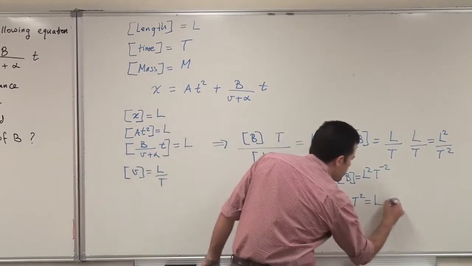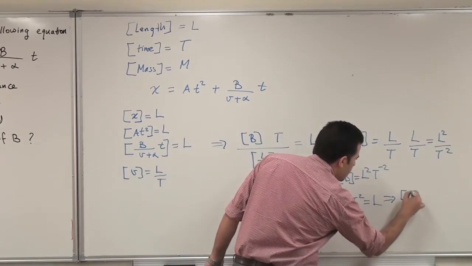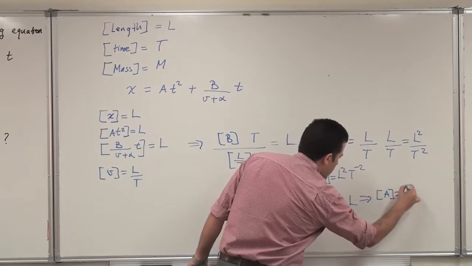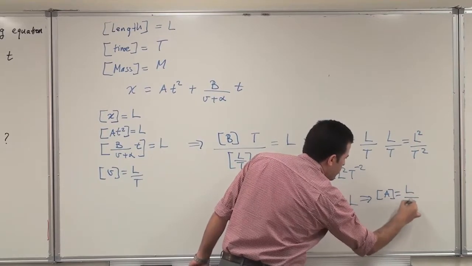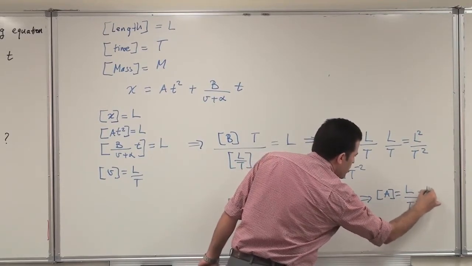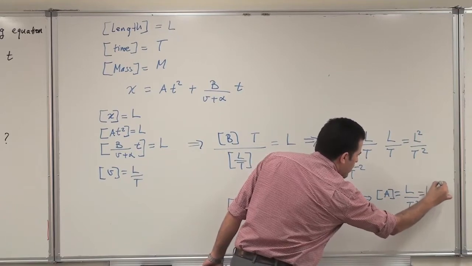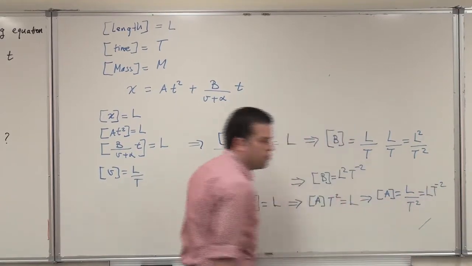This will give that the dimensions of a should equal L divided by T squared, or in some books written as L T to the minus 2. And this concludes the answer.